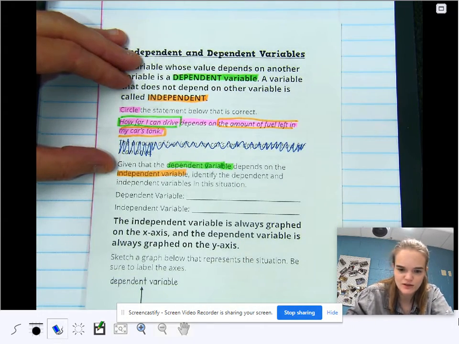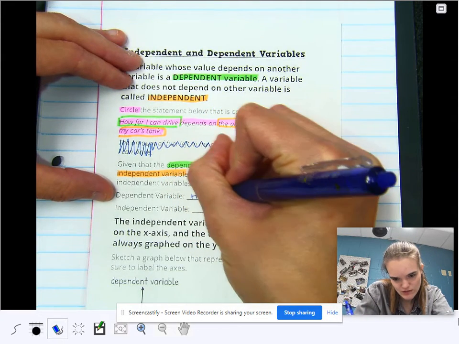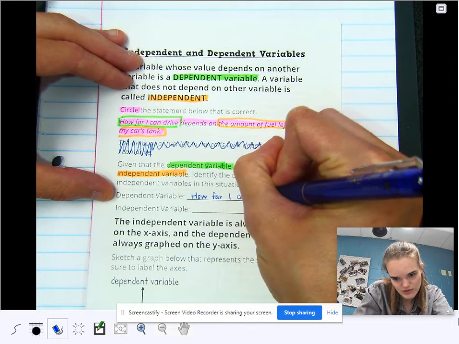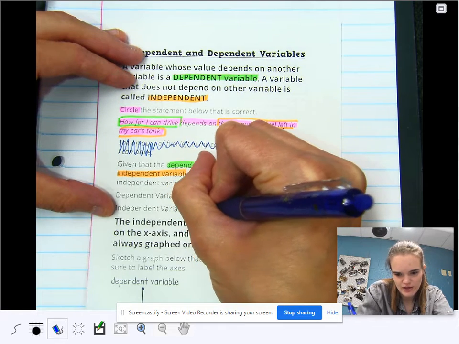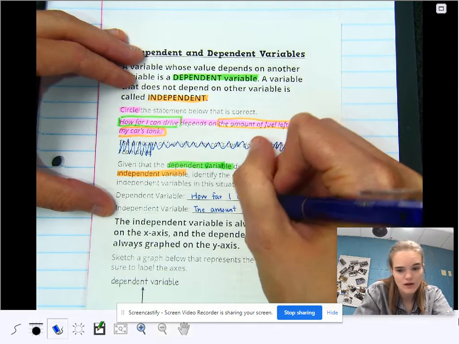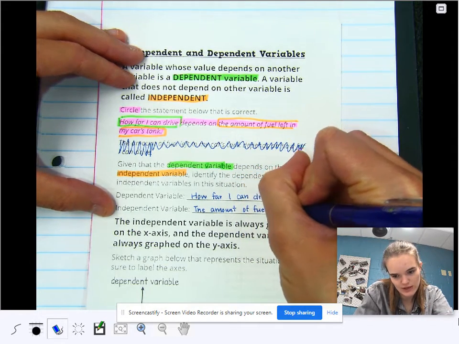So I'm going to write that. The dependent variable is how far I can drive. The independent variable is the amount of fuel left in my car's tank.